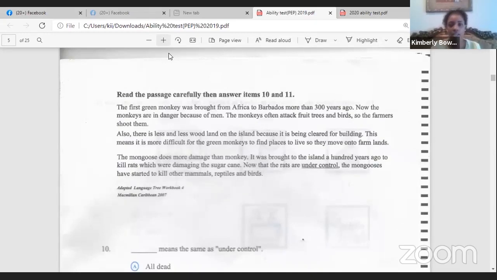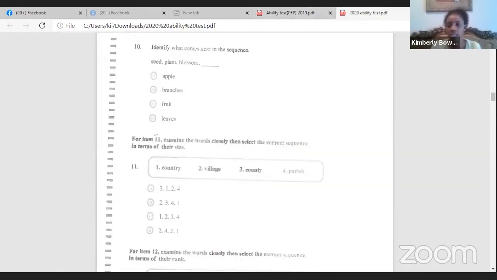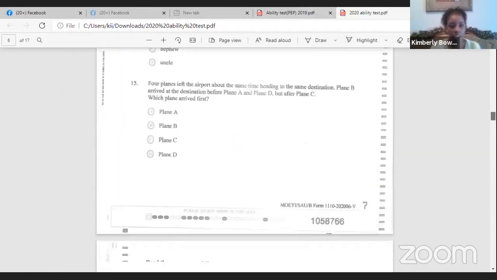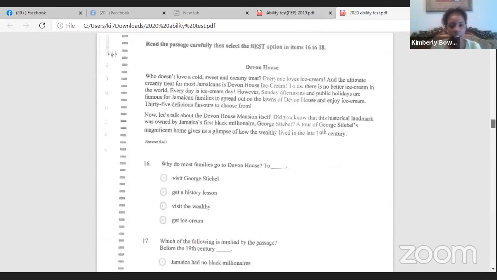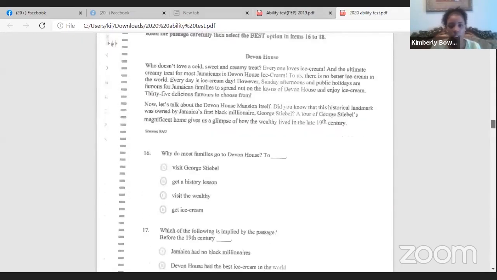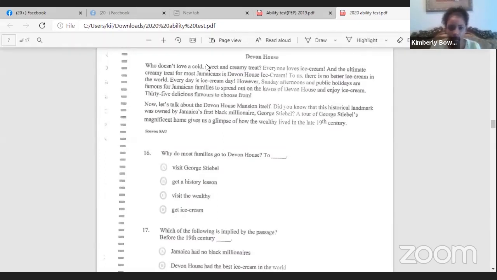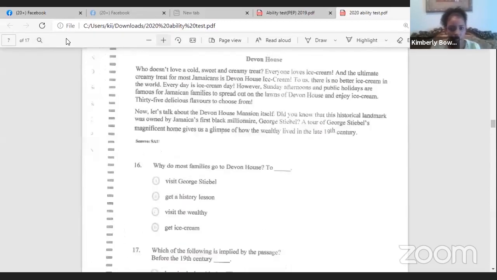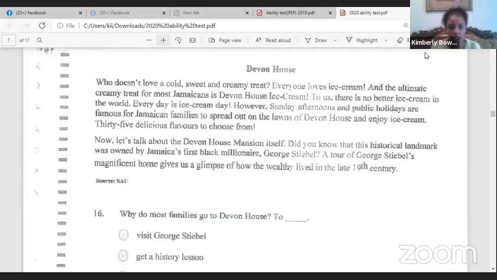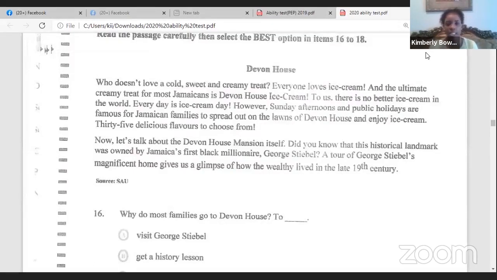And then for the 2020 past paper, let me scroll on a little bit more. Yes, the passage is there about number 16. So they vary in the different past papers. Let me zoom in on this 2020 document. This passage on the 2020 document is on Devon House, and it speaks about the ice cream at Devon House, amongst other things.